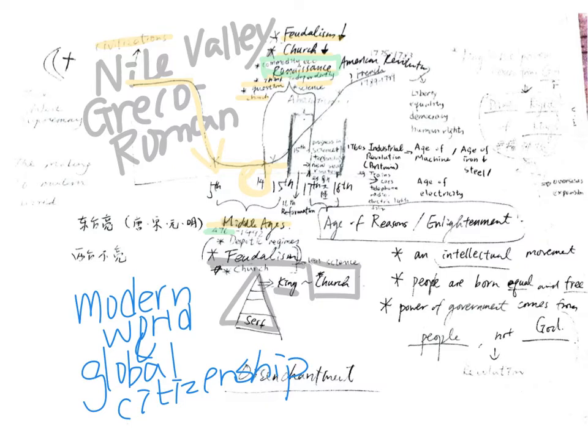So during the Renaissance period, it led to the growth of arts, culture, literature, architecture, science and trade, and so on. And the other major impact was the Reformation, 宗教改革.